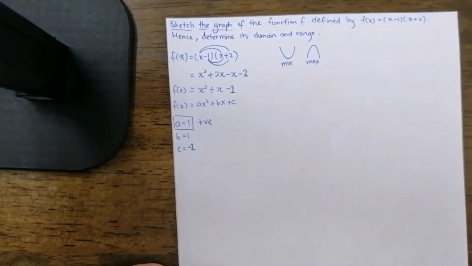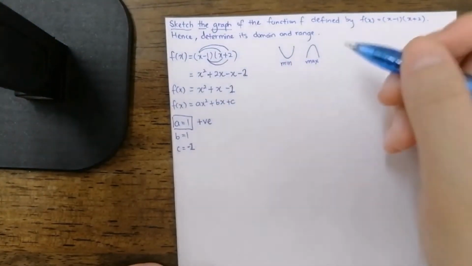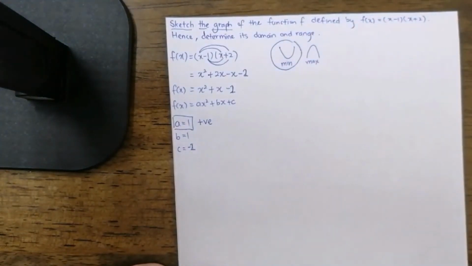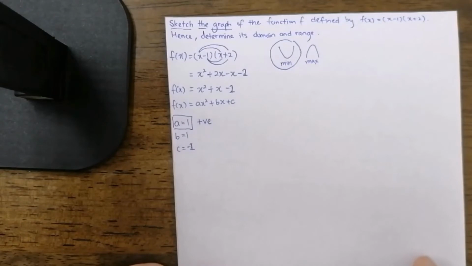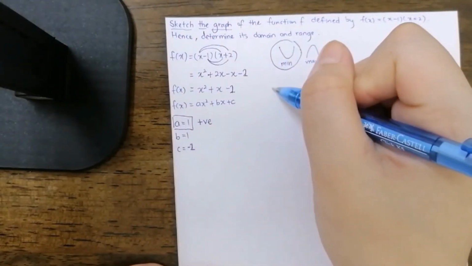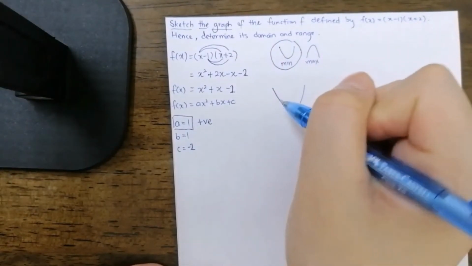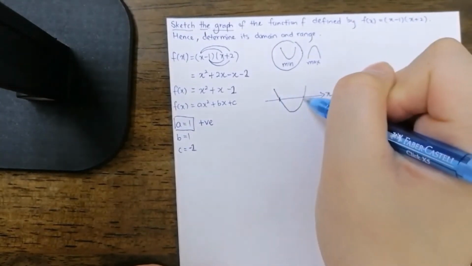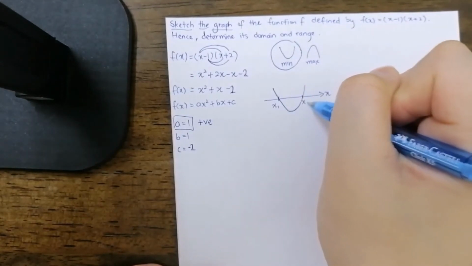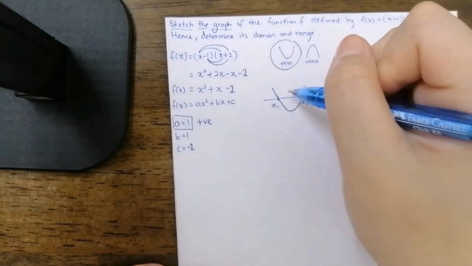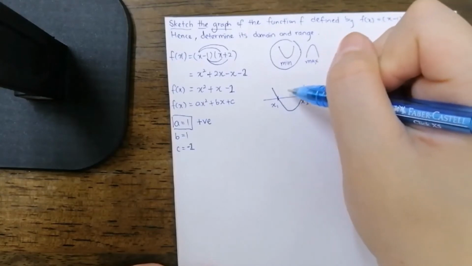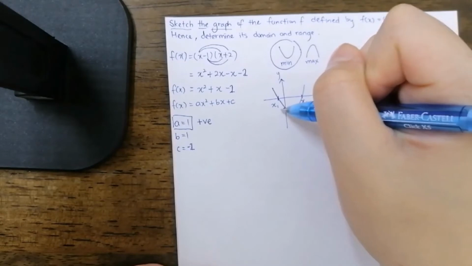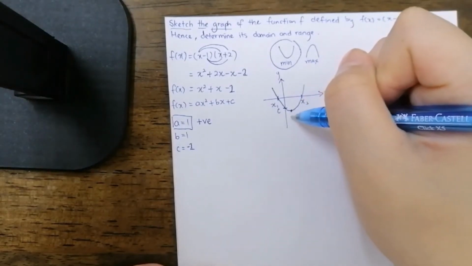If our a is positive, then we will have to sketch a minimum graph. So before sketching, we need to know what kind of information we need. So we need two x-intercepts, a y-intercept, and a minimum point.